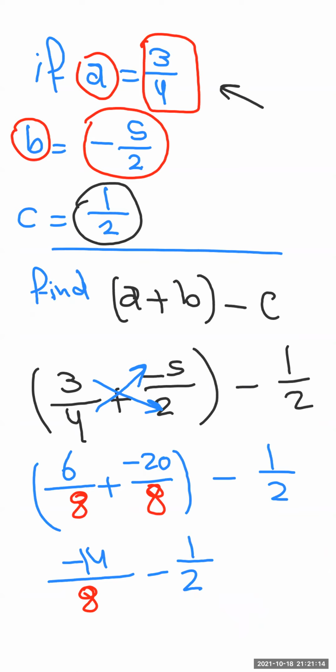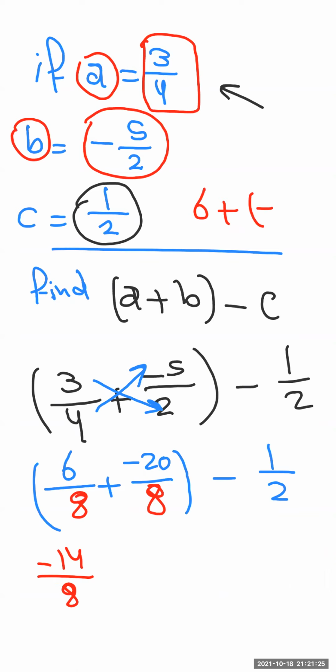Mister, why did you say negative 14? Because 6 plus negative 20, the answer is negative 14 over 8, then minus half. Teacher, again, we also multiply the denominator with the numerator?